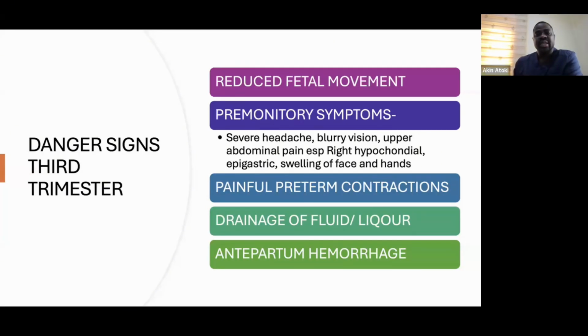So if someone has abdominal pain in the third trimester, you should get it checked out. Something might be going on. It might be due to separation of the placenta. Sometimes it is fibroid degeneration, another very common one that we get to see a lot. It is said that up to 60 to 70% of women have some form of fibroid, and it might not be symptomatic before pregnancy.